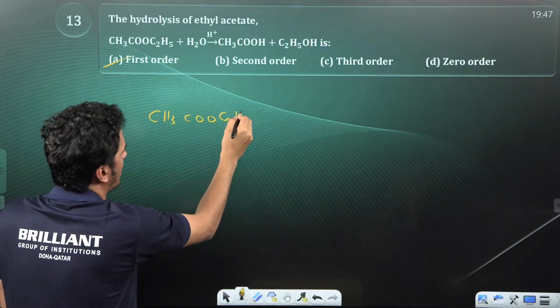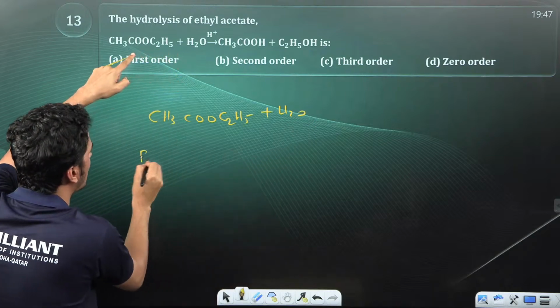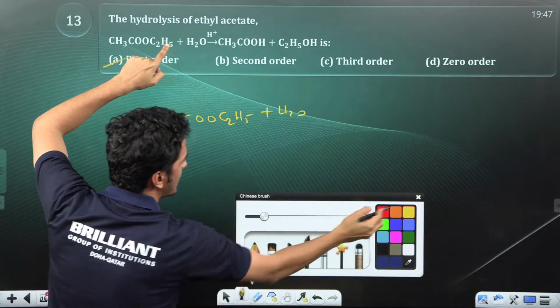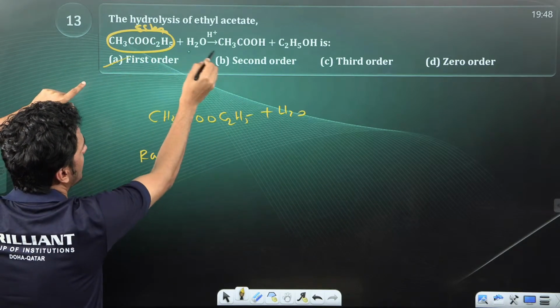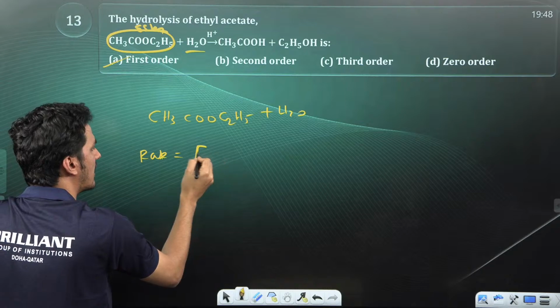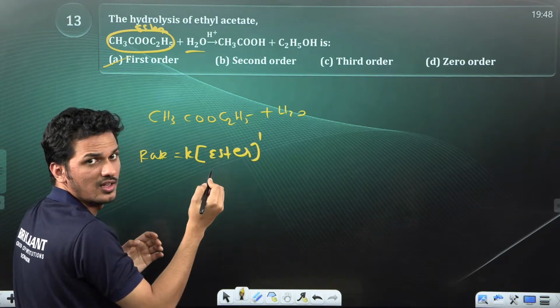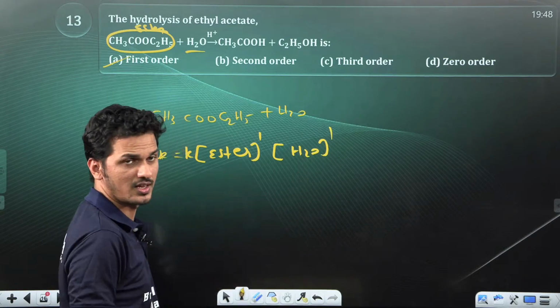CH3COOC2H5 is the ester, and here H2O is there. So I can write the rate law as rate is equal to K into concentration of ester raised to 1 and concentration of H2O raised to 1.